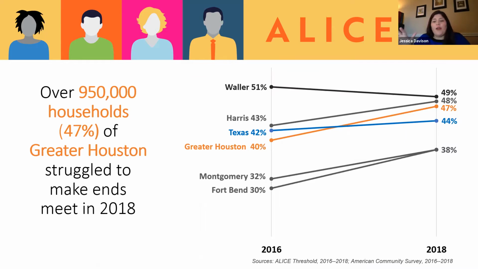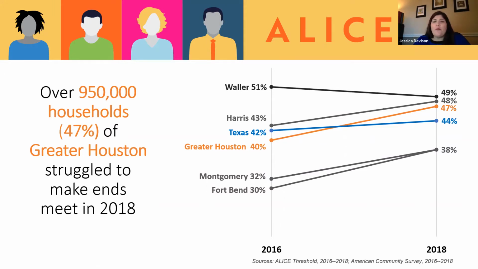Here, if we work our way from the bottom up, we can see the different counties and how Fort Bend and Montgomery County now in 2018 are at 38% ALICE or living in poverty. For our Greater Houston community, it went from 40% in 2016 to 47% in 2018. And then up as we look at Harris County and Waller County.